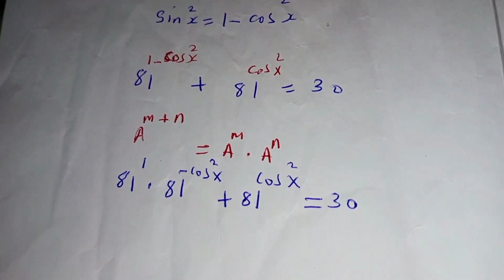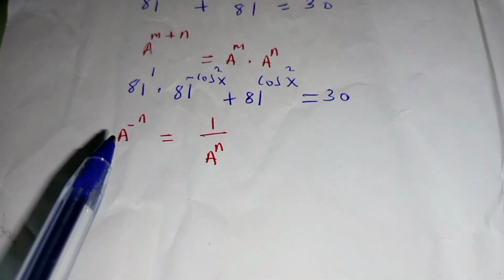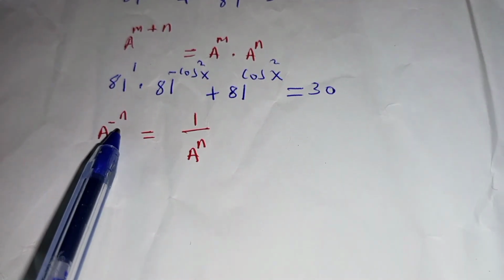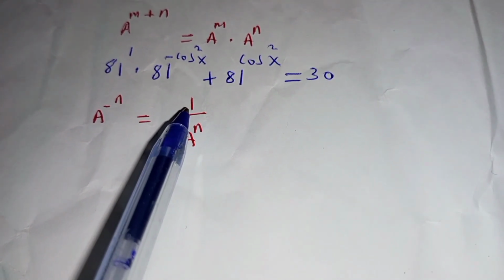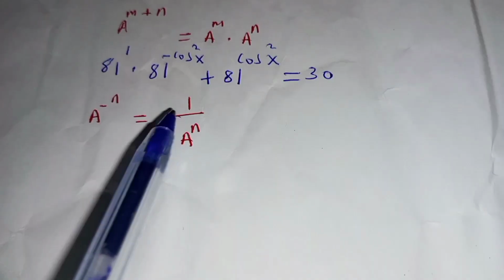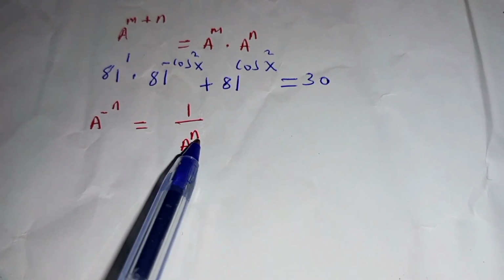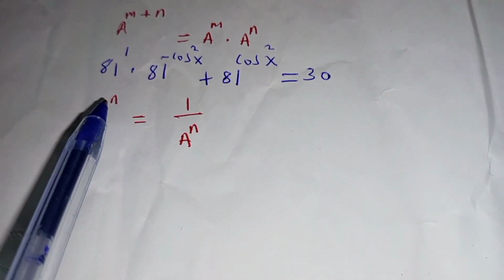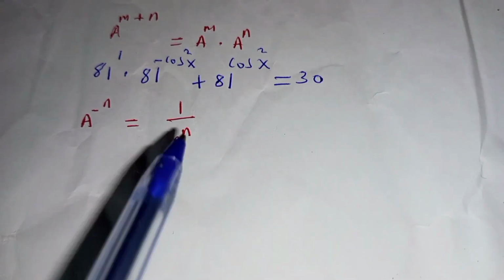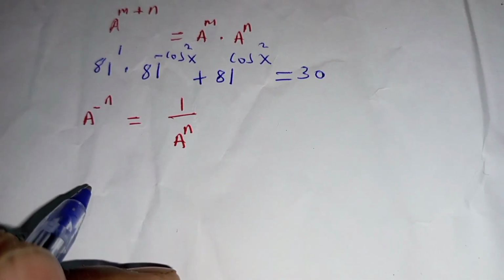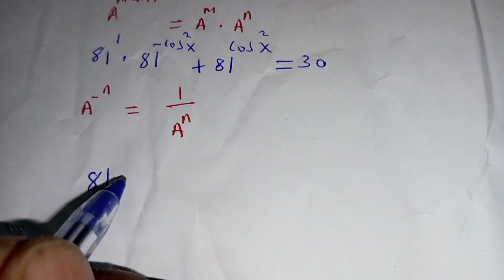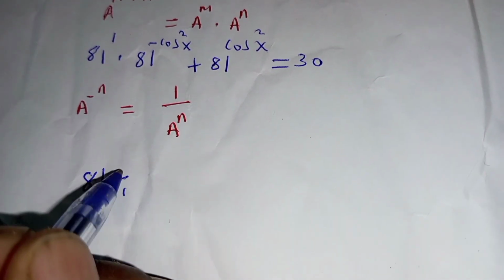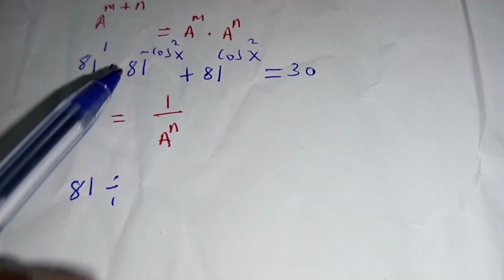From there, we note that when you have a power negative n, to make the index positive, it is like taking the reciprocal of that number. That is 1 divided by a power n. So this negative, when you take the reciprocal, the index becomes positive. So in our case, item 1 power 1 will be item 1 divided by this one.